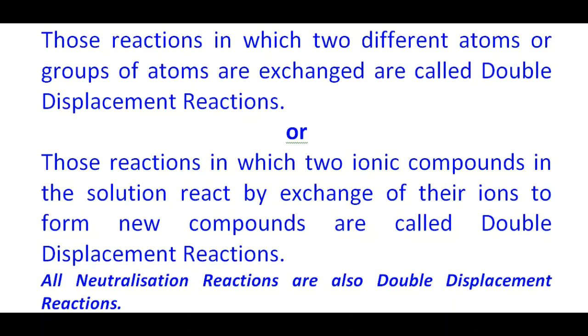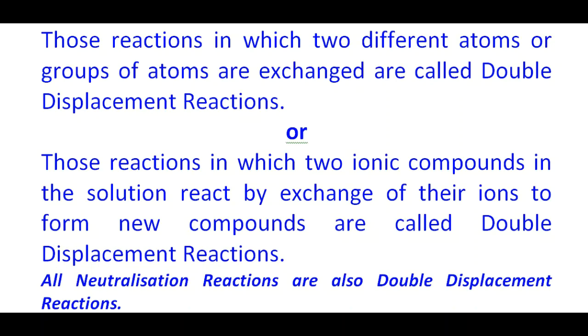There are two ways of describing or defining a double displacement reaction. The reactions in which two different atoms or groups of atoms are exchanged are called double displacement reactions.